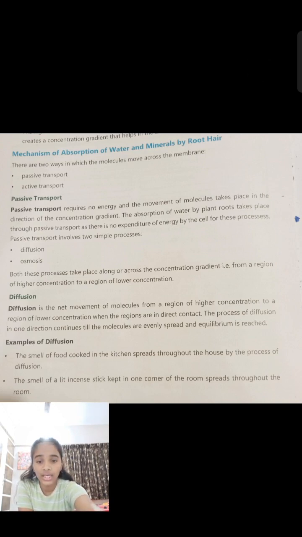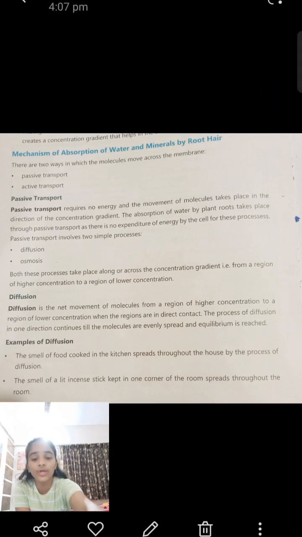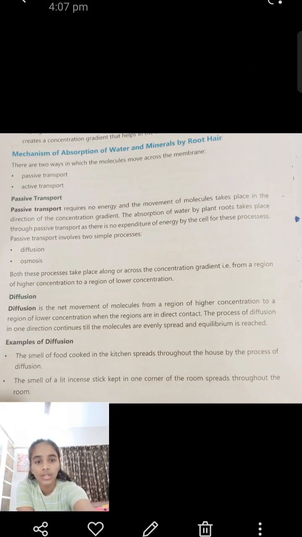Now let's see diffusion. Now 54th question is, what is diffusion? The answer is diffusion is the net movement of molecules from a region of higher concentration to a lower concentration when the regions are in direct contact.